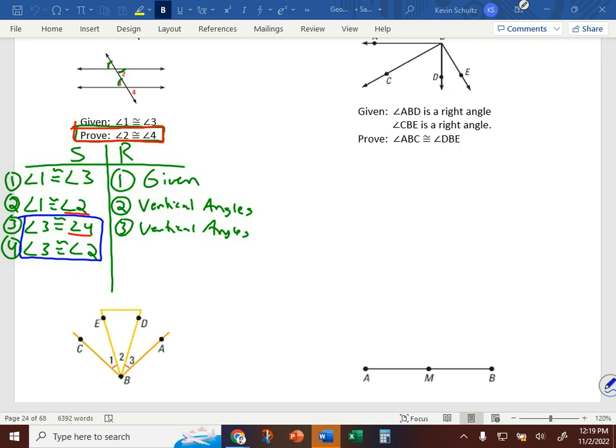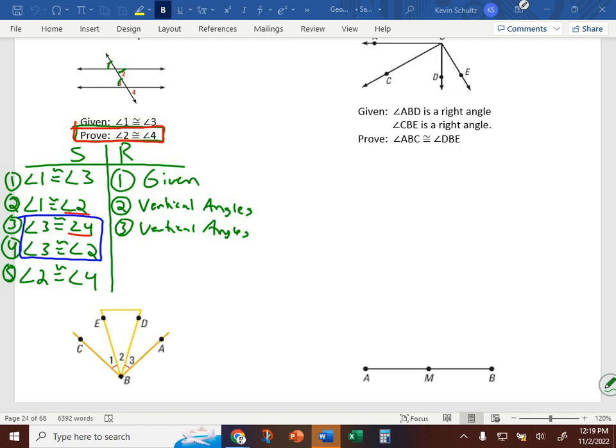Okay, like if I asked you, if you had said in step 4 that angle 2 is congruent to angle 4, and I said why? You said, well, because angle 1 is congruent to 3, which is also congruent to 2, therefore 3 is congruent to 2, and then that's congruent to 4 as well. That's too many steps, right? By doing this intermediate step, step 4, and now step 5, you're saying that angle 2 is congruent to angle 4, and I say, why?